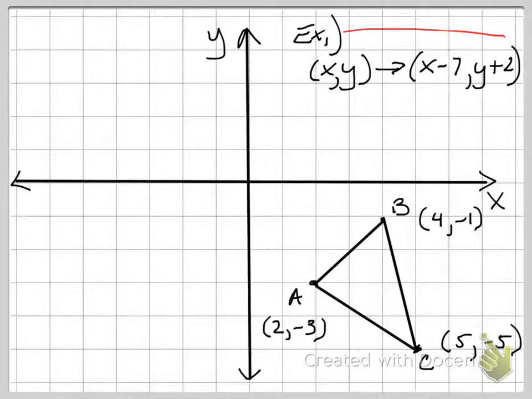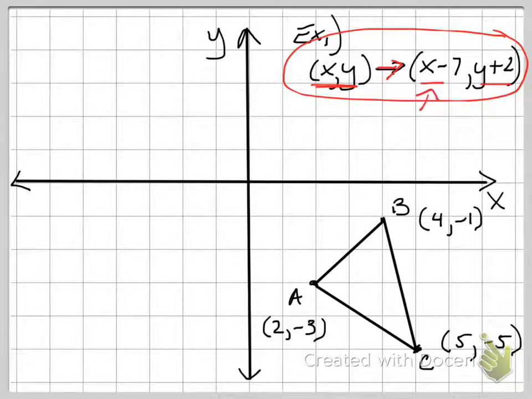If we took this translation of taking every point (x, y) and transforming it to (x - 7, y + 2), this x minus 7 means go left 7. This y plus 2 means to go up 2. So we just translated that x minus 7 to left 7 and y plus 2 to up 2. We just take every point and apply what you already learned.